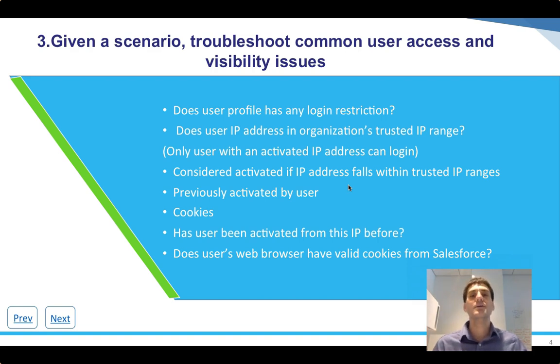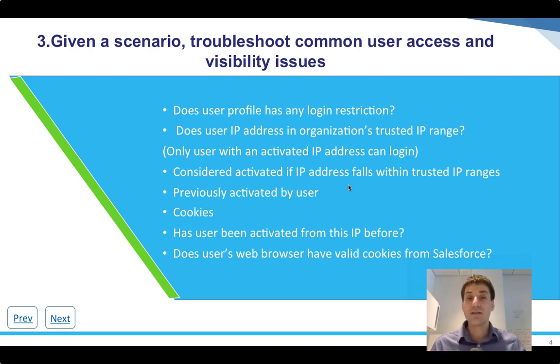Only users with an active IP address can log in. In other words, their IP address must be activated by the administrator. The administrator has to actually go in and tick the box that says this is an active IP address. They're considered activated if the IP address falls within trusted IP ranges, and that's something that the administrator actually sets.